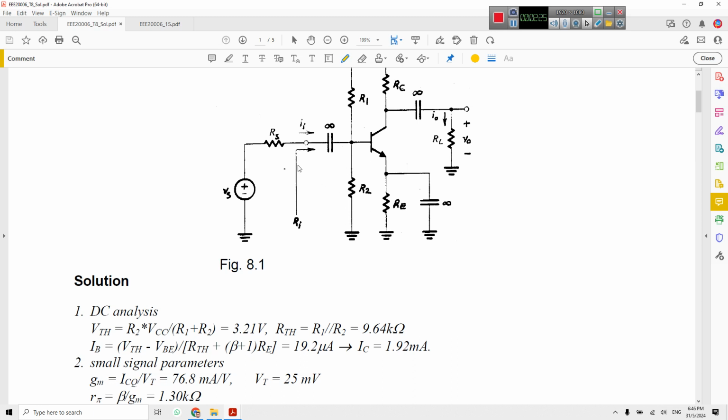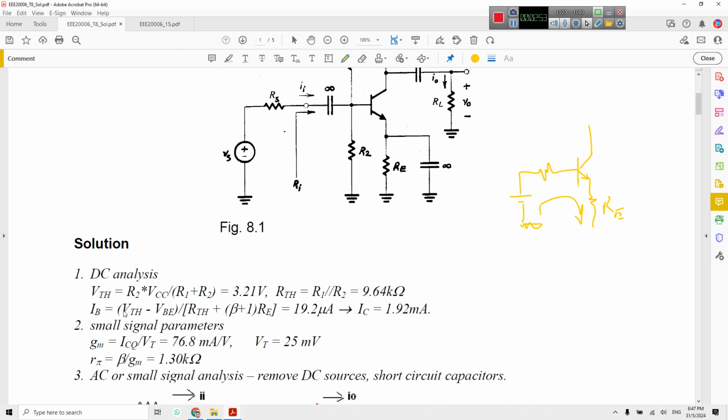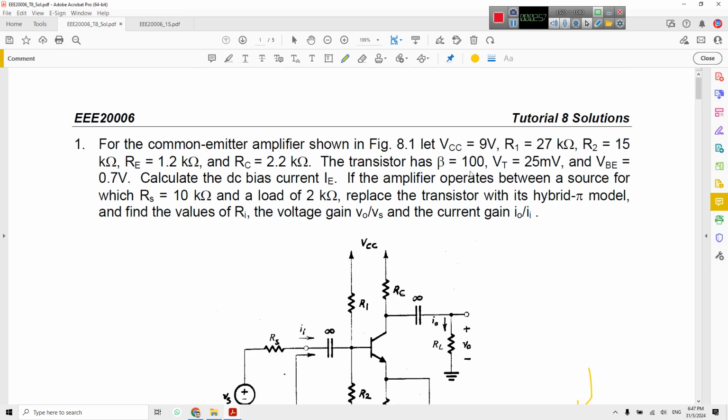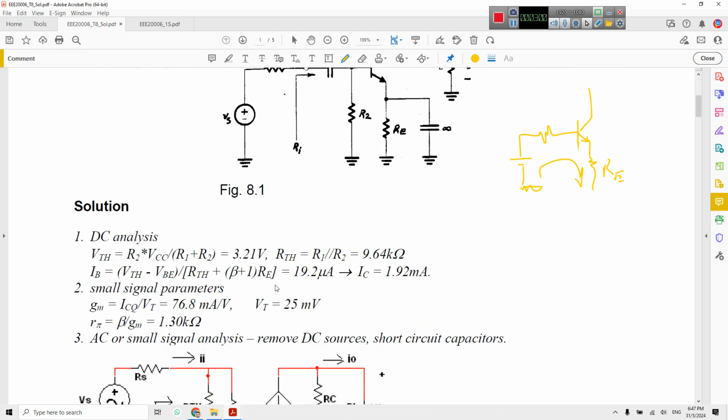It is the same as this circuit: this is the source with RBB, this is our BJT, and this is RE. So this is beta. From here to here you can calculate IB, then beta is given, so IE and IC can be calculated easily.